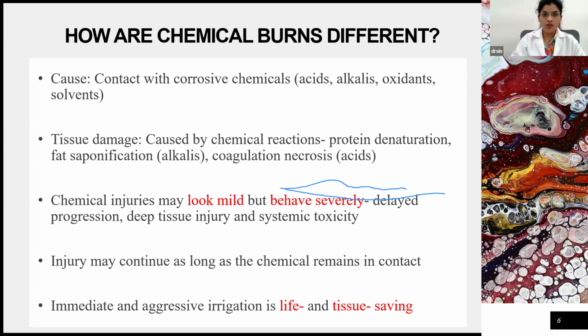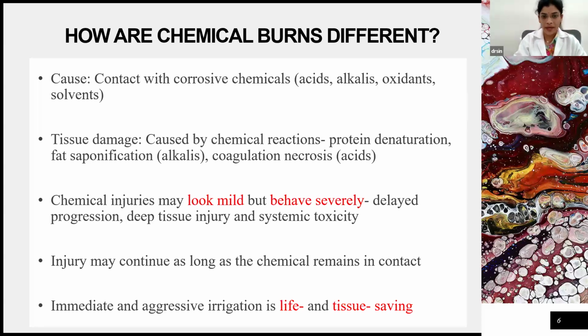The cause of chemical burns is contact with corrosive chemicals like acids, alkalis, oxidants, and solvents. The tissue damage is caused by chemical reactions: protein denaturation and fat saponification in the case of alkalis, and coagulation necrosis in the case of acids.